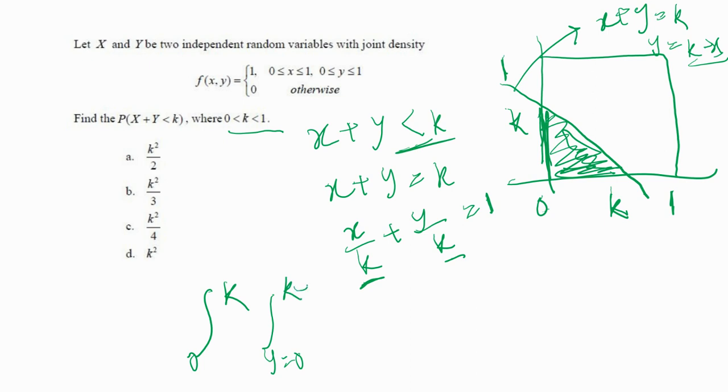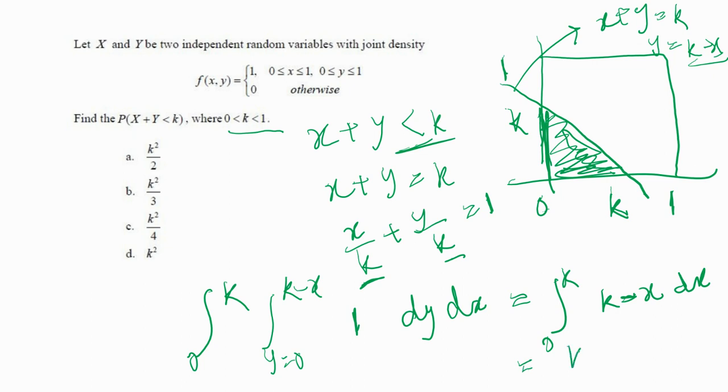So this is the line k minus x. We firstly integrate with y, so it will be dy. This is constant, y will come. So in terms of y, it will be k minus x, dx.